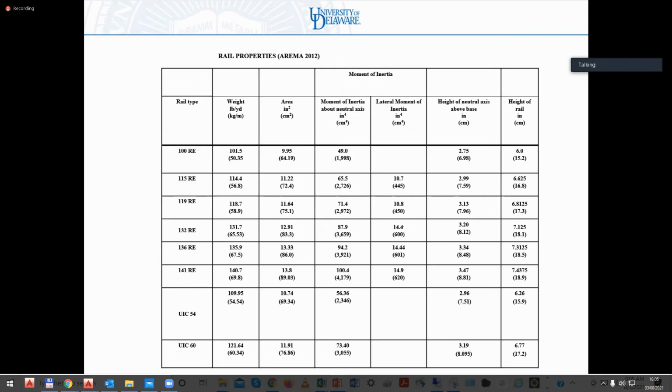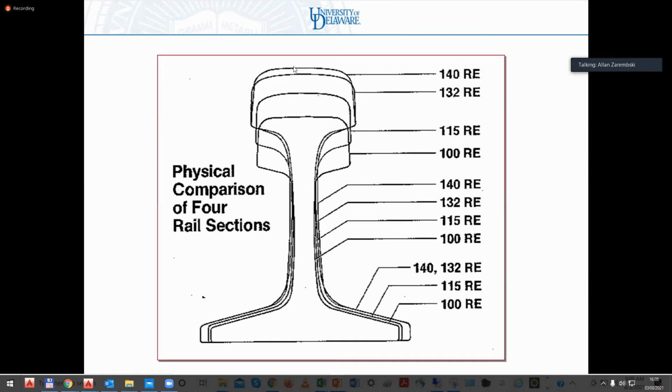So when we talk about A, we're talking about the cross-section of the rail.